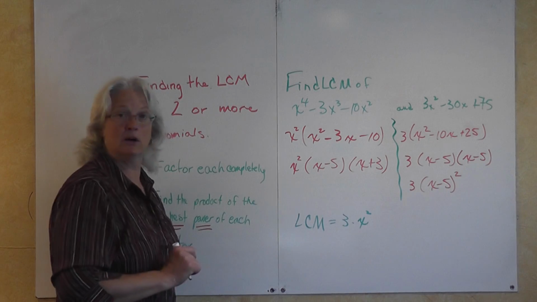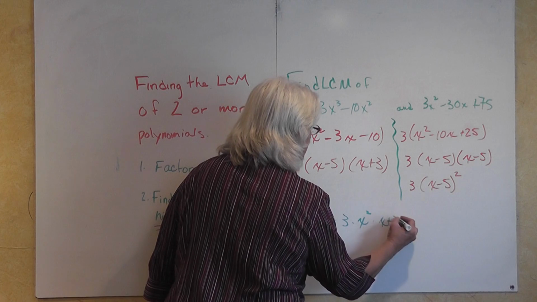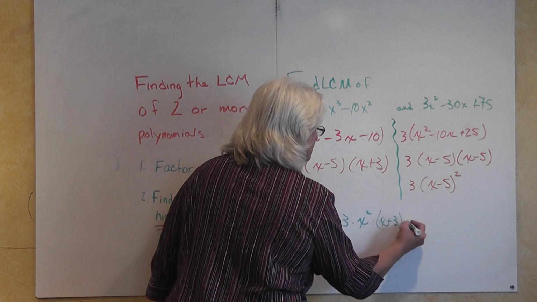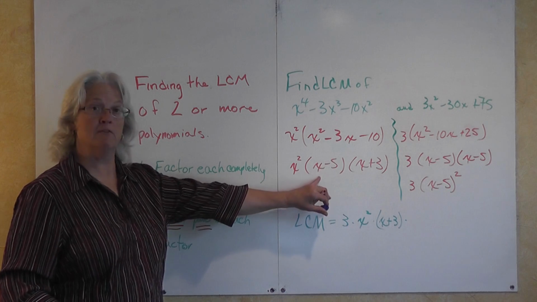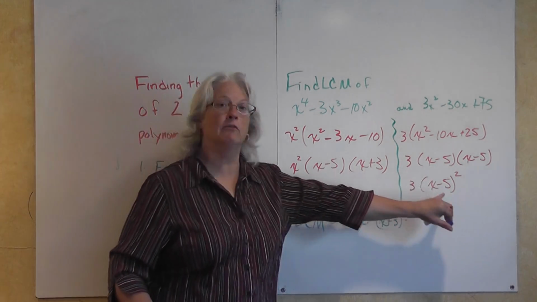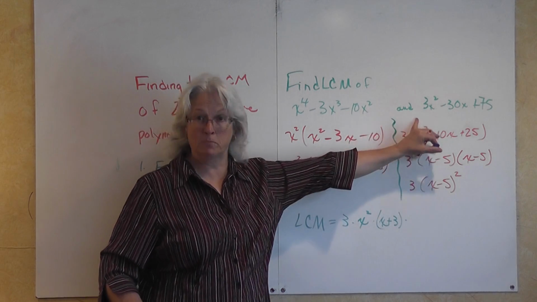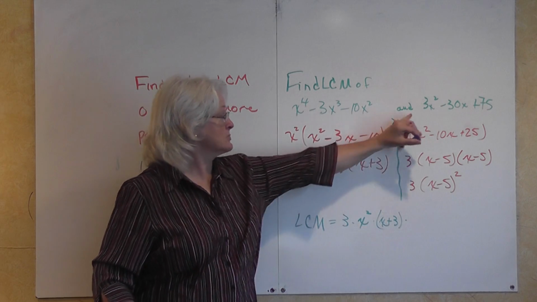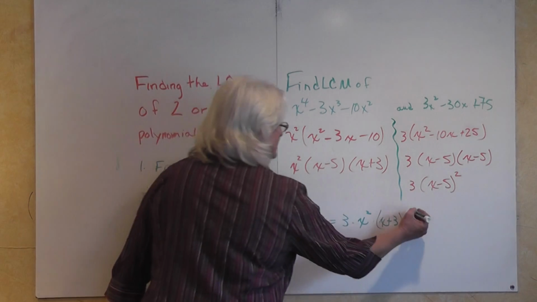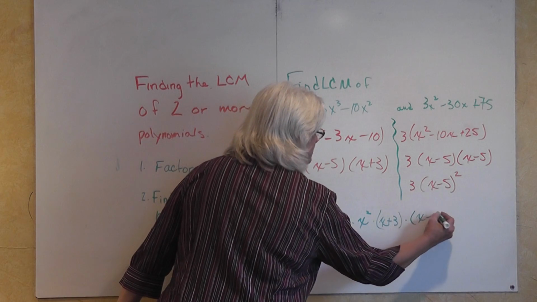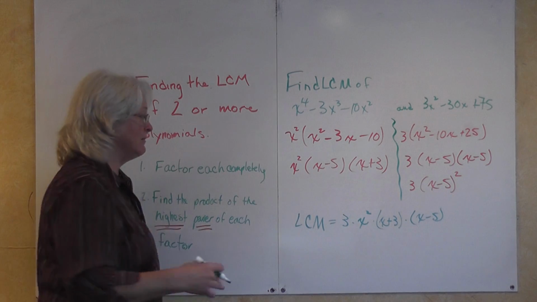We have a factor of x plus 3 in parentheses, and we have a factor of x minus 5. This factor of x minus 5 occurs in the factorization of both of these expressions, but it's used twice here. So our least common multiple includes 2 factors of x minus 5.